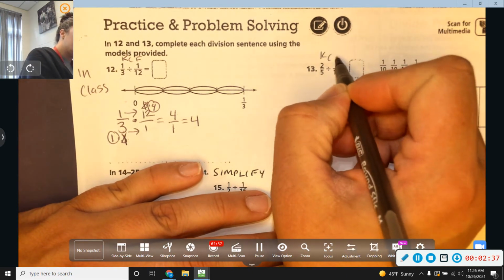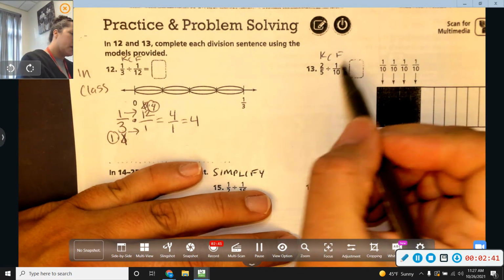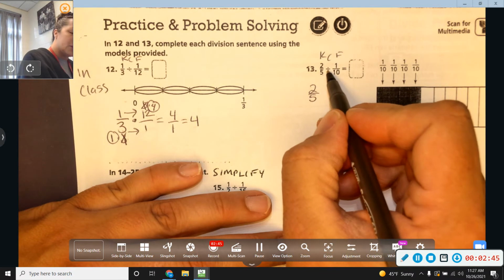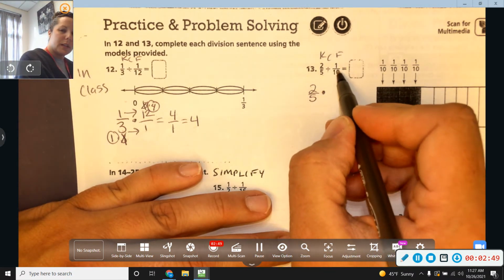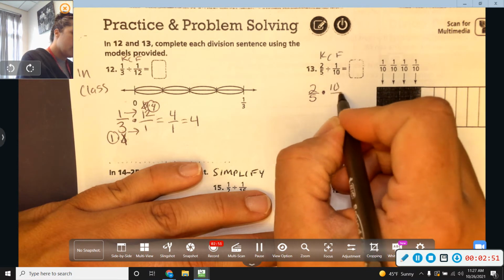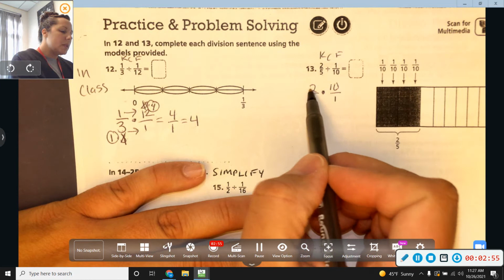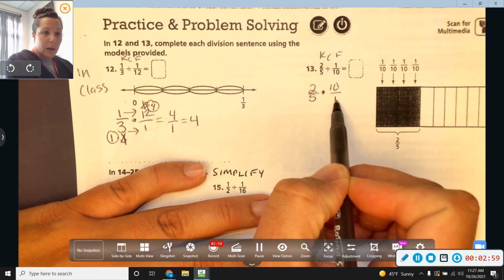Keep, change, flip. Okay? I keep my 2/5 just as it is. I change this to times, and I flip 10 over 1. Okay? Now when I reduce, I cannot reduce 2 and 1. I can't divide anything out of both of those.